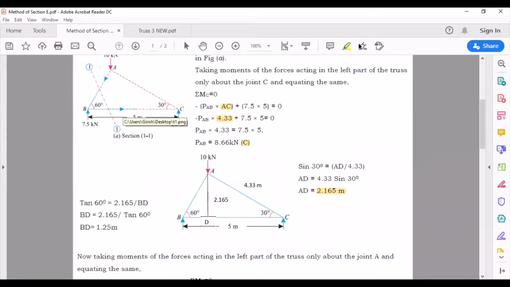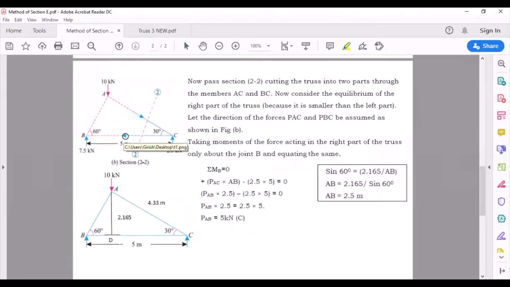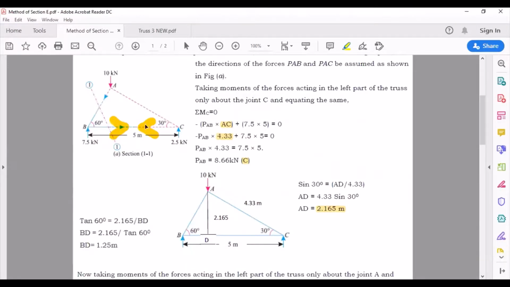Since this is correct, the next arrow will be like this, in this manner. This is the arrow which is being shown here. So you are supposed to keep that in mind: you are not assuming this direction, it has already been calculated here.